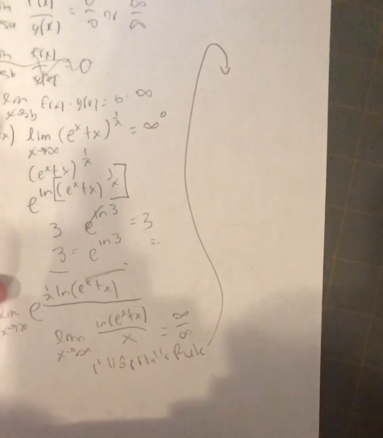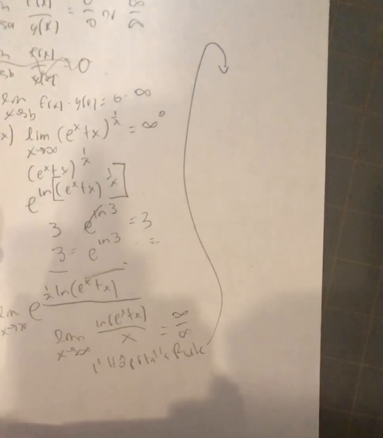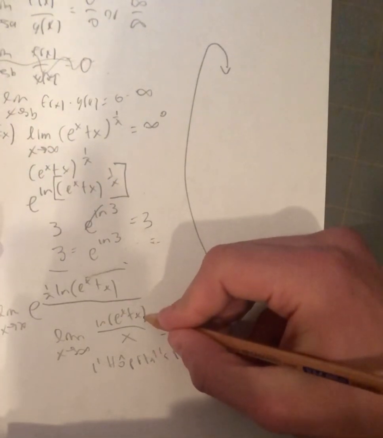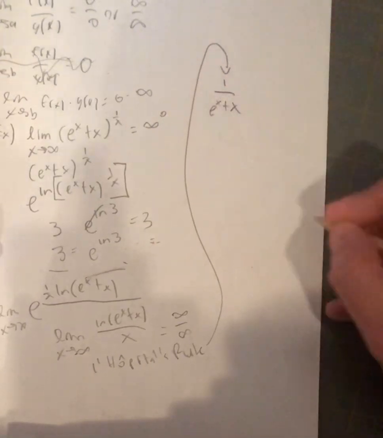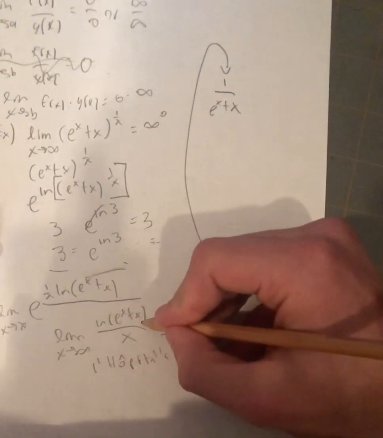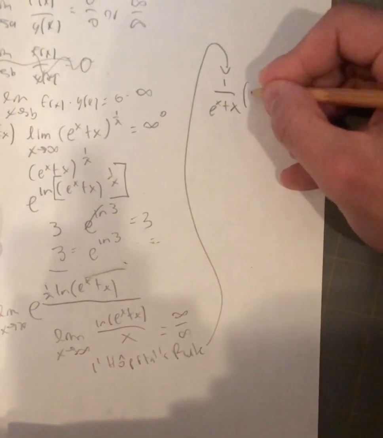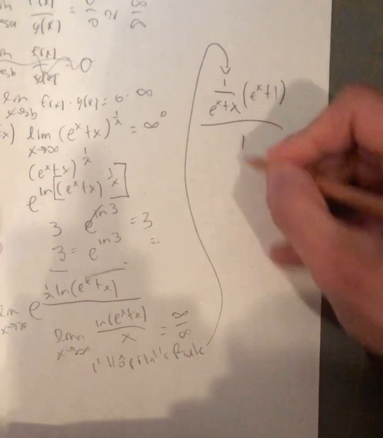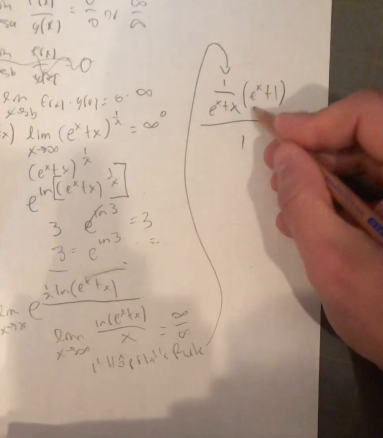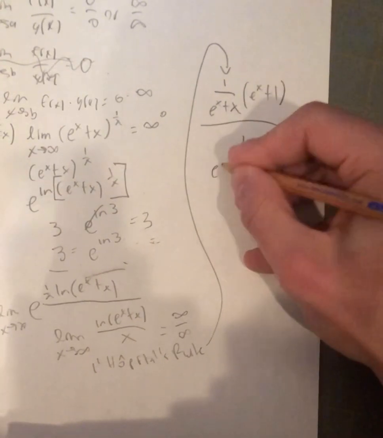All right, let's move that up here. So the derivative of ln of e to the x plus x is just 1 over e to the x plus x, times the derivative of that. Well, that's e to the x plus 1, and the derivative of x is just 1. So this is ultimately going to be, we can put that on the top.